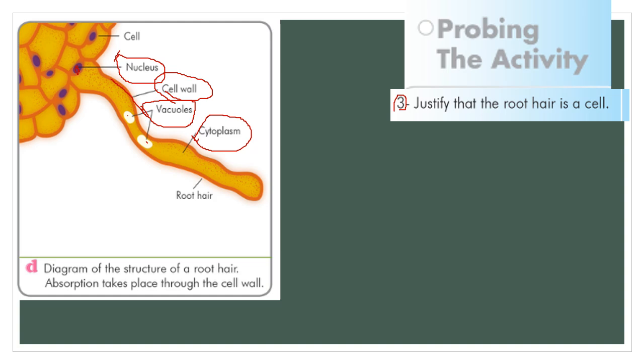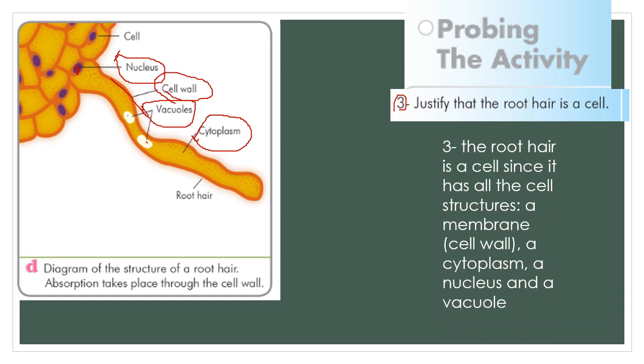These parts are the main parts of a plant cell, right? So, the root hair is a cell since it has all the cell structures: a membrane, which is the cell wall, a cytoplasm, a nucleus, and a vacuole.